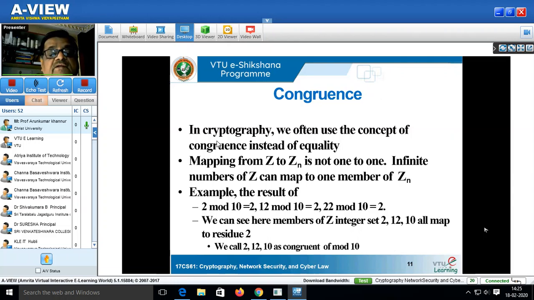Many values of Z, the set of integers, map to one value of Zn, the set of residues. That is, 2, 12, 22 are mapped to 2 of Zn here. We call 2, 12, 22 congruent modulo 10. Means they are mapped to the same residue value.